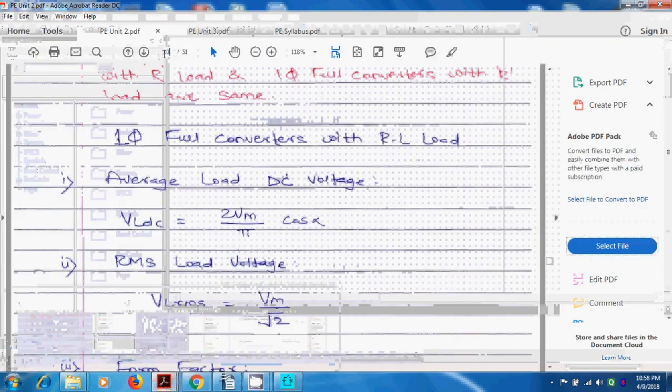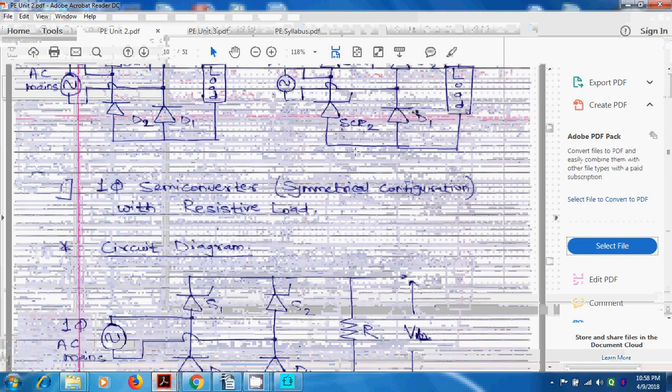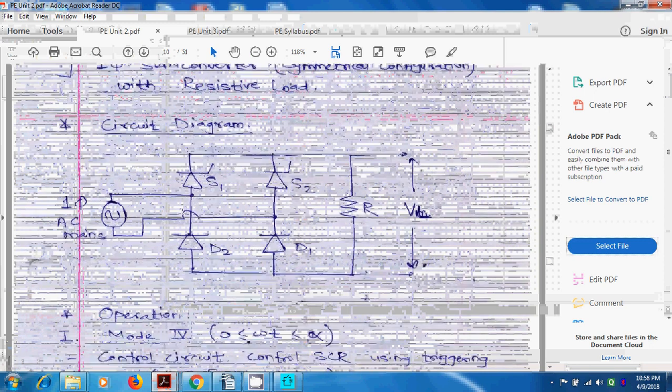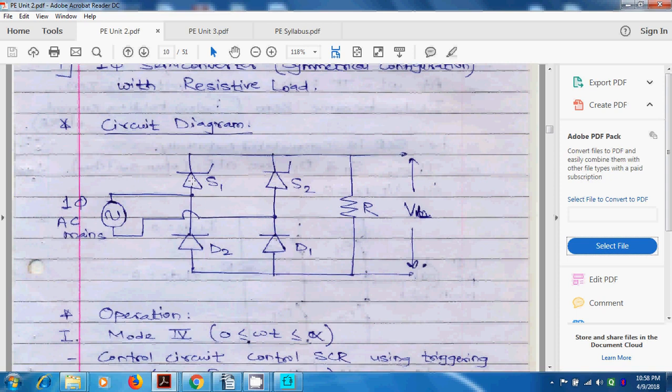So let us discuss this circuit diagram. This circuit diagram is single phase semi converter with just R load. In a semi converter we know this is a symmetrical configuration. The upper devices are SCRs and the lower devices are diodes.